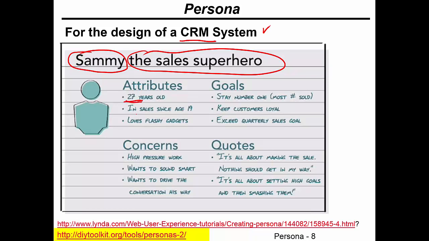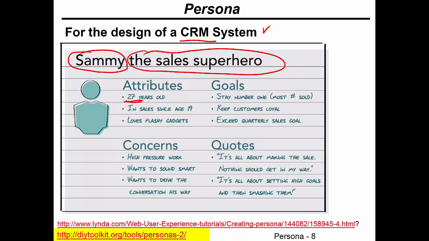Unlike a customer profile, which will say, oh, 24 to 40 years old, here it's very specific. Okay, that's the difference that you can tell. This is not a typical customer profile. This is a persona. And the rest of the information is also very specific.